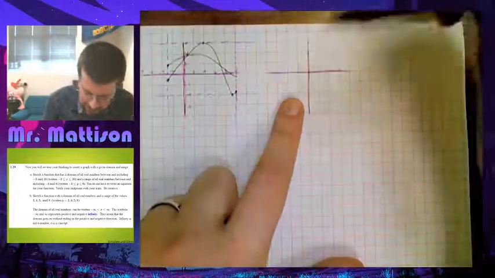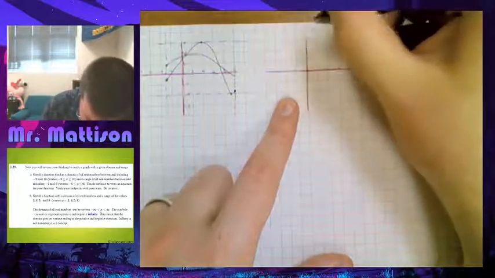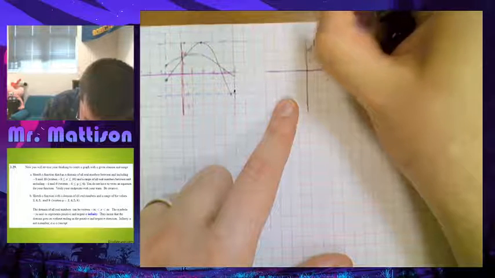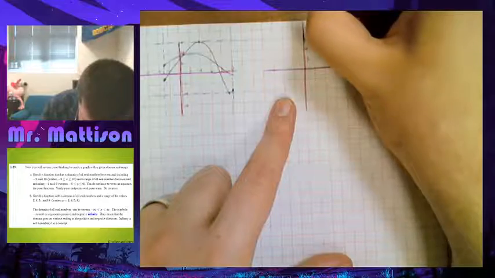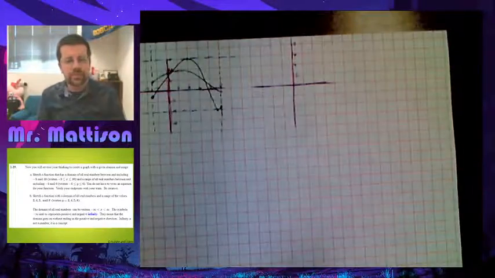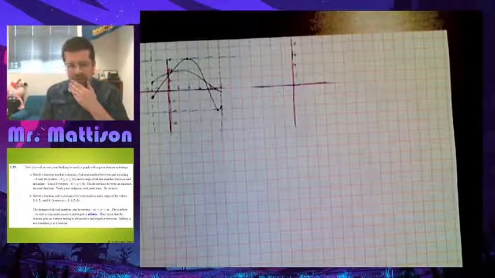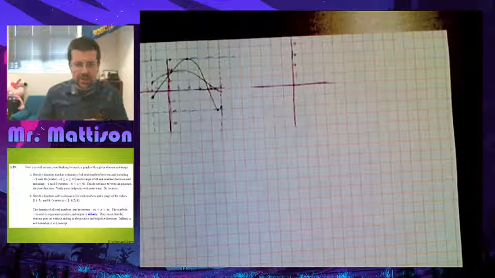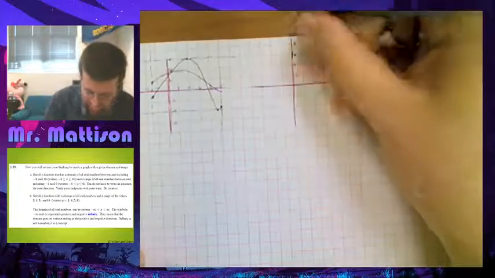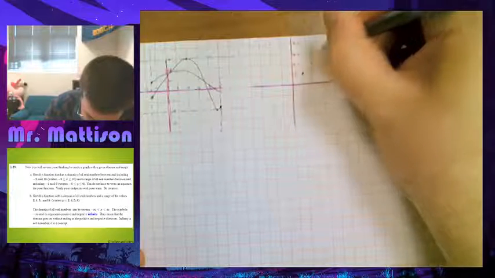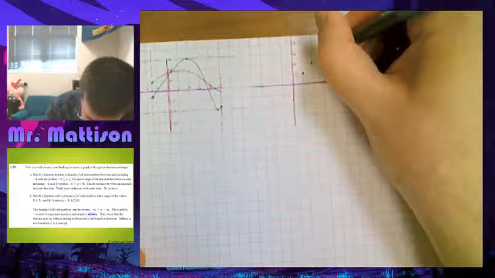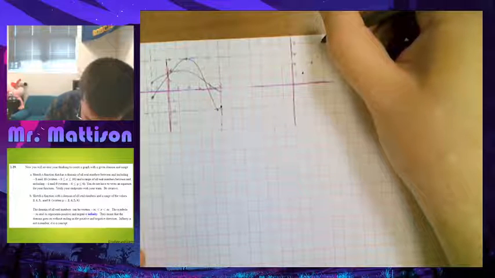So let's go ahead and label those. 2, 4, 6, 8. I probably didn't need the bottom part of my graph here, but oh well. Okay, so if I were to say, well, it's 2, 4, 5, and 8, well, I could put like a dot here at 2, a dot here at 4, a dot here at 5, and a dot here at 8, right?